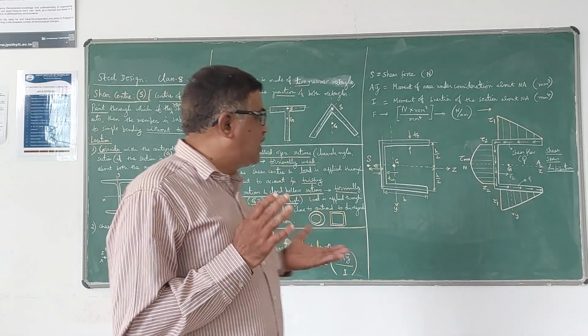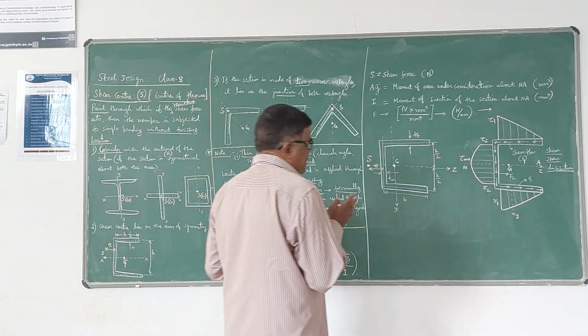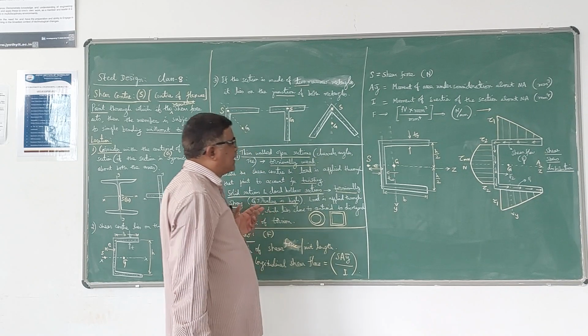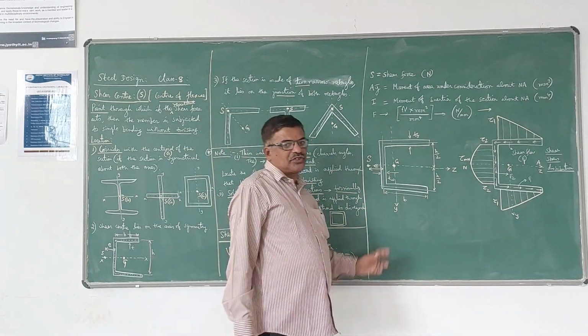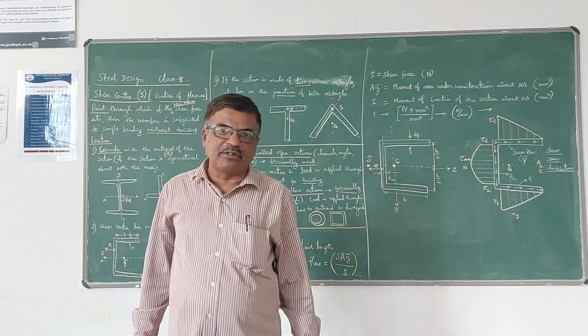Now, later on we will see how we can compute these shear stresses and how we can locate this eccentricity, that is distance of the shear center from a particular reference point.